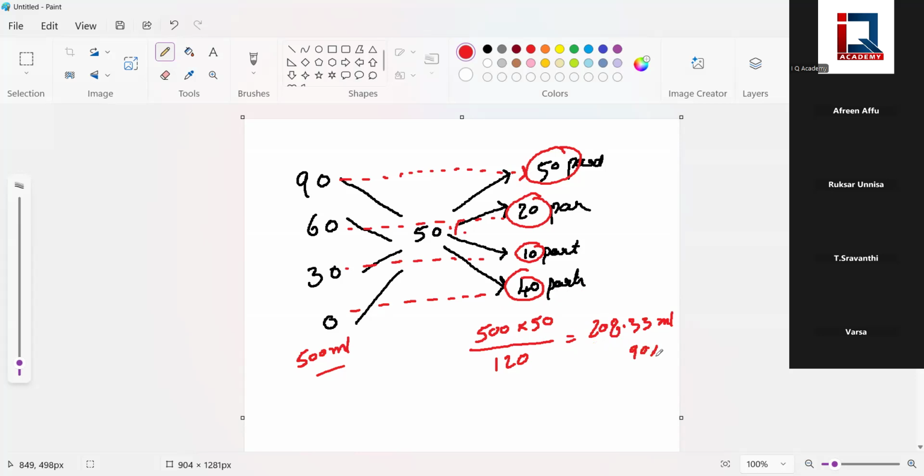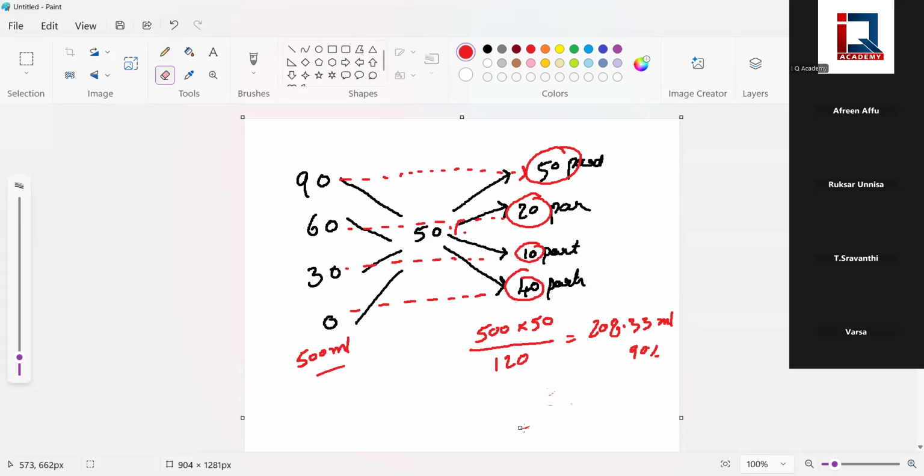Okay. Next, 60%, how much is there? 20 parts. 500 into 20 by 120. Extremely sorry.